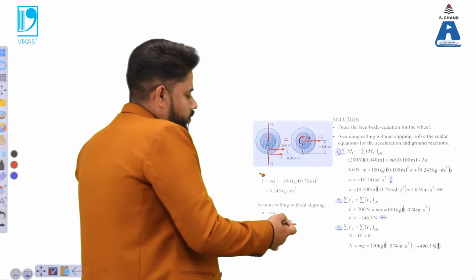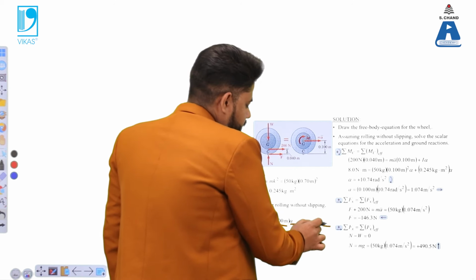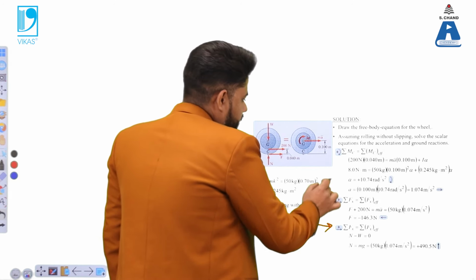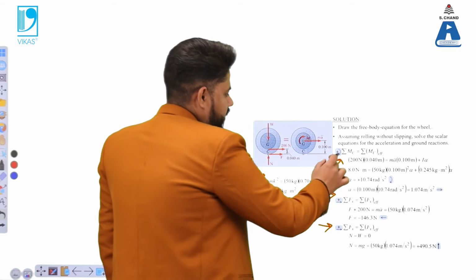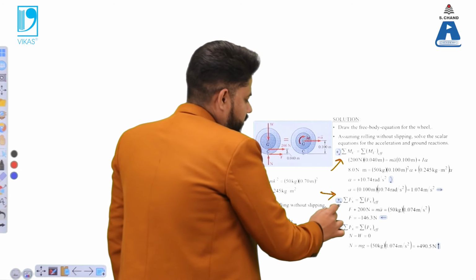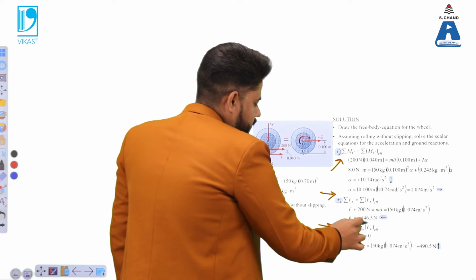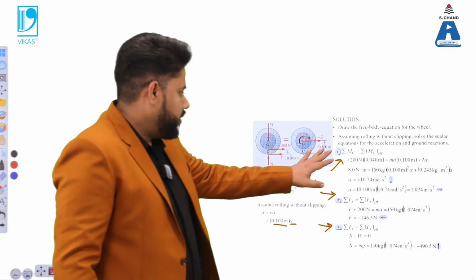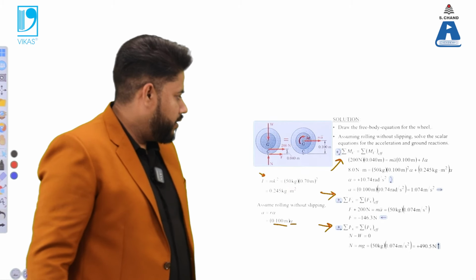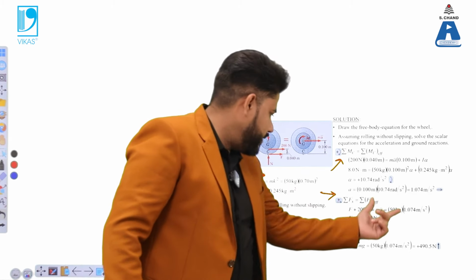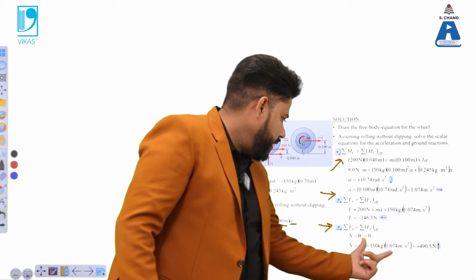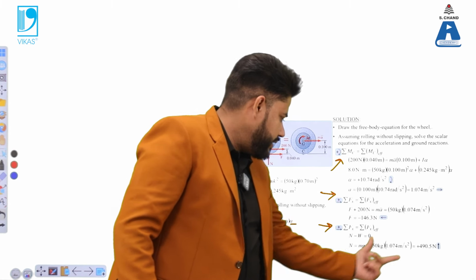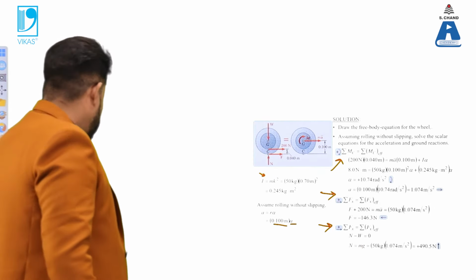Now what we have to do is form those equations in the standard notation form. So we can substitute all the moments equal to 0, forces equal to 0, and forces in the y direction and x direction equivalent to 0. On clubbing all these values, we'll get the acceleration component, we'll get the force component, and additionally we'll get the normal force component.